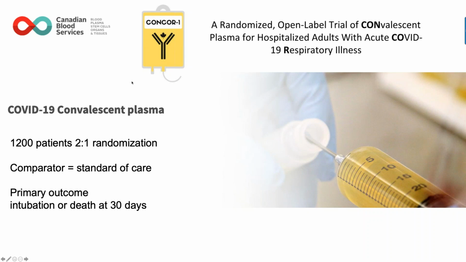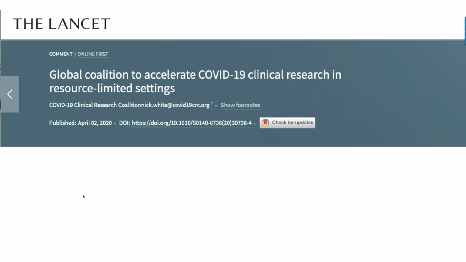But currently in Canada, there is a planned study, 1,200 patients with 2-to-1 randomization. It is not a blinded trial, and the comparator, again, is standard of care with some very simple outcome measures, which are either intubation or death at 30 days. So looking more broadly, we certainly recognize that there's a need to do these studies.